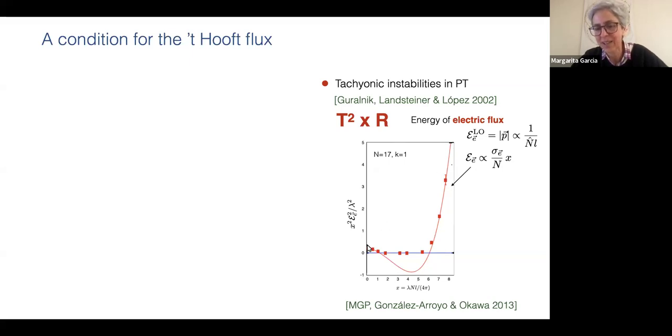But what you observe here is that one starts with the perturbative formula. This is a tachyonic instability, and in this regime, the electric fluxes become very light, and in principle, the assumption is that they condense. So this is a problem for adiabatic continuity, because you start in the small box, you try to go to the large box, and you may find a phase transition in between that spoils adiabaticity, okay?